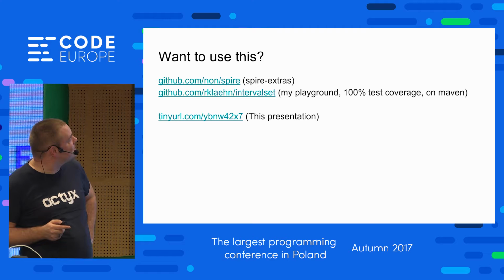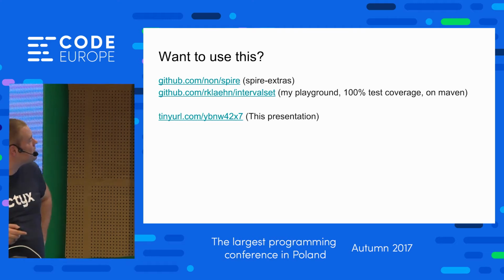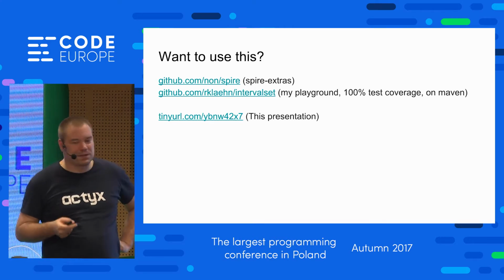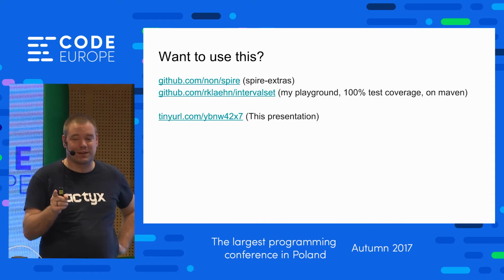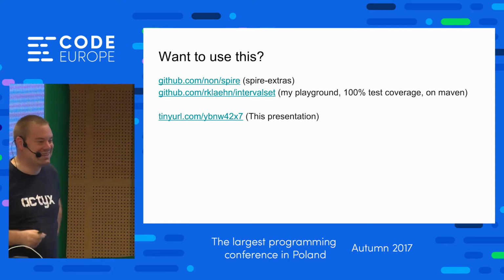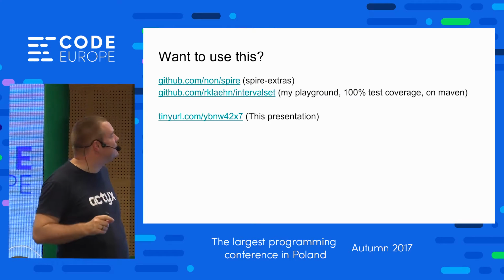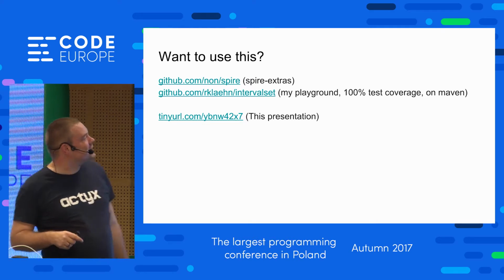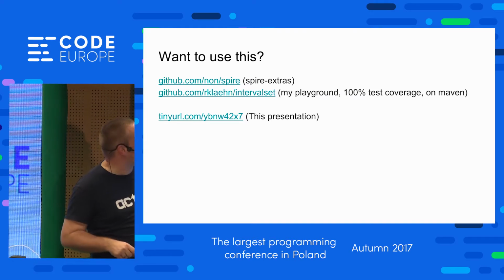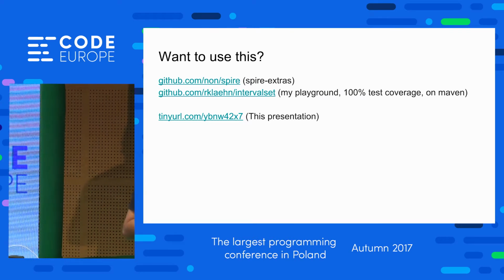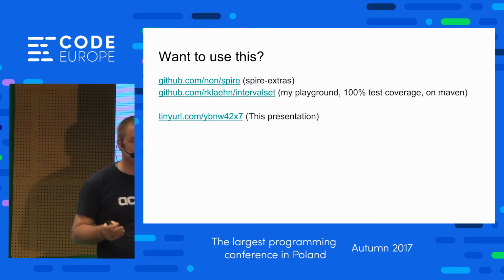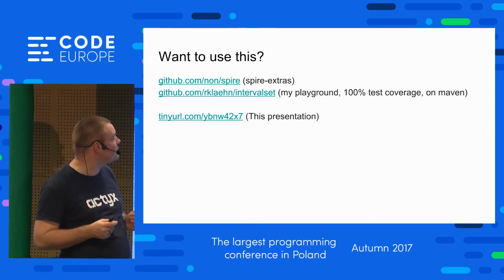Yeah, so one more slide. If you want to use this, and if you're a Scala developer, so who's a Scala developer here? One, yeah, great. It does not seem to be a very Scala-heavy conference, but at least one, that's good. So this is in the Scala library called Spire, which is a library for algebra and math in the Scala language.